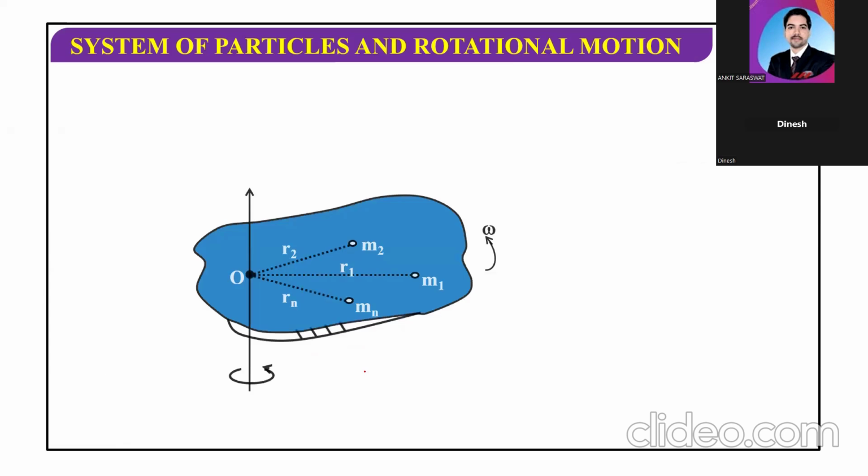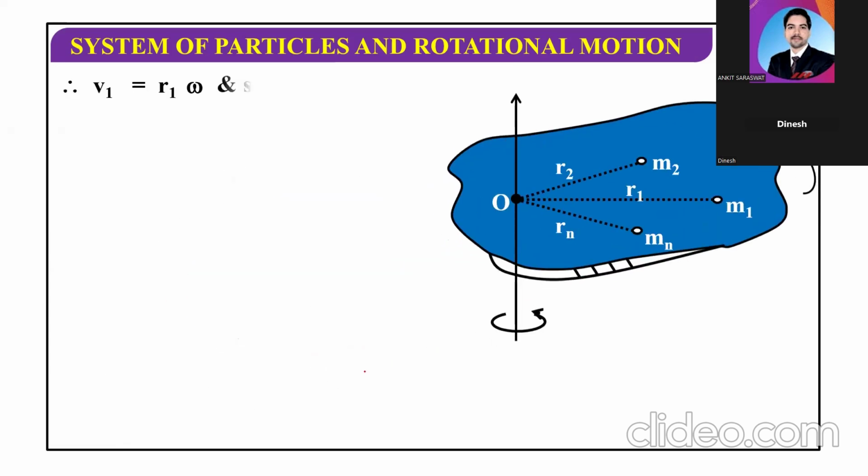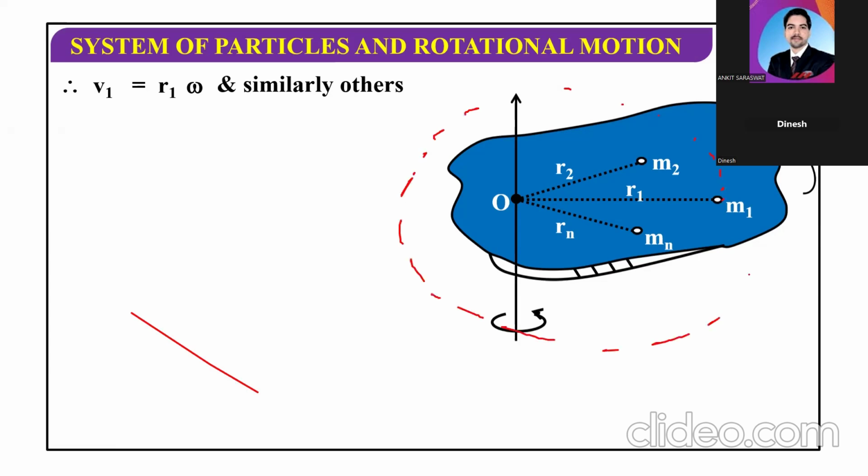Now see, all the particles will move about this axis in circular paths like this. This particle will move in this circular path, and this particle will move in this one. The tangent to any circular path gives the velocity.